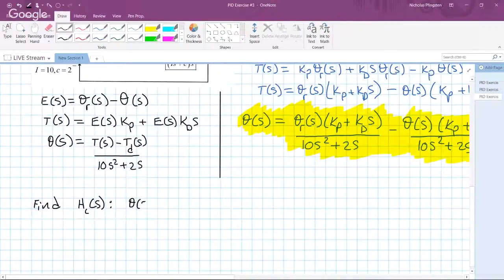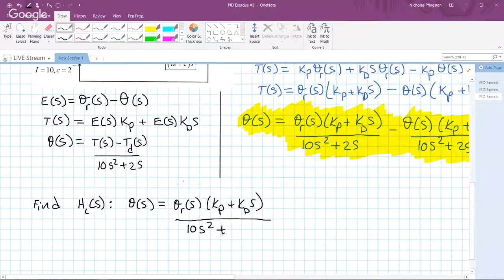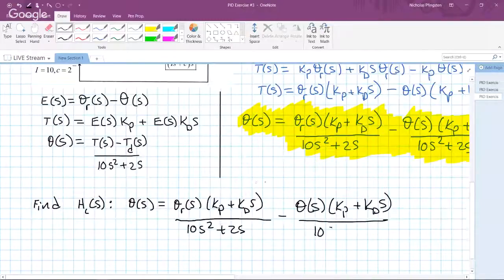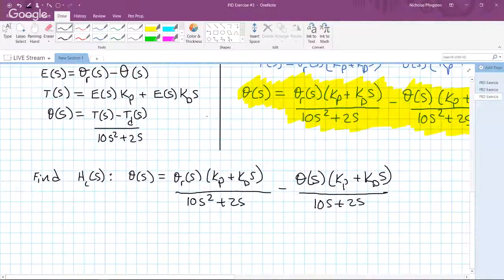So it's theta of s equals theta sub r of s times Kp plus K sub d of s over 10s squared plus 2s, minus theta of s times Kp plus Kd times s all over 10s squared plus 2s. So I'm going to move 1 over to the other side.